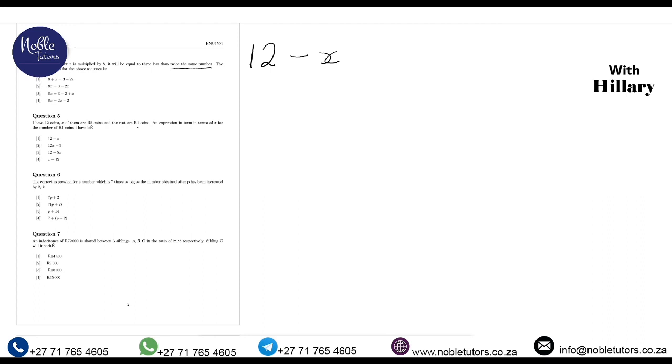We don't know the exact number of 1 rand coins in the 12 coins, but we know that if we take 12 total coins and subtract x coins which represent 5 rand, we will have what? Our 1 rand coins that will be left. So this is the expression that we are looking for: 12 minus x.